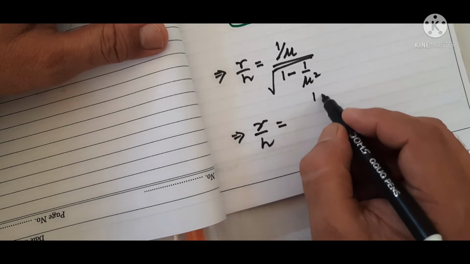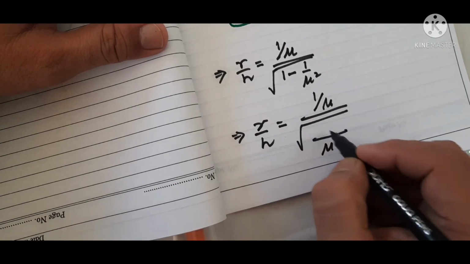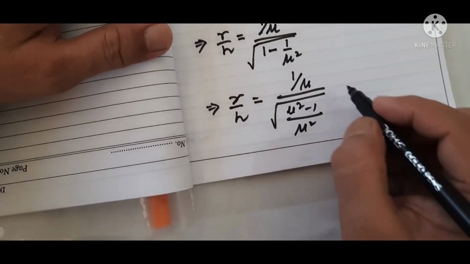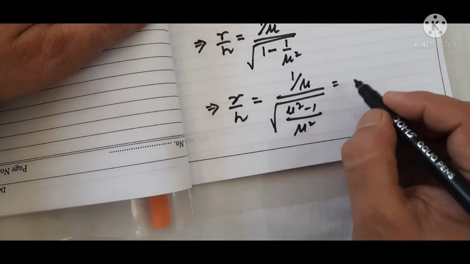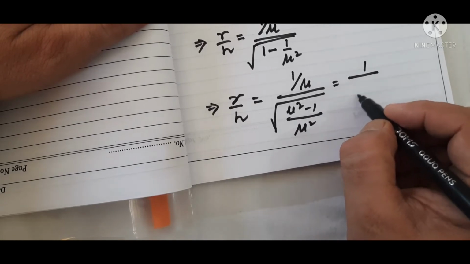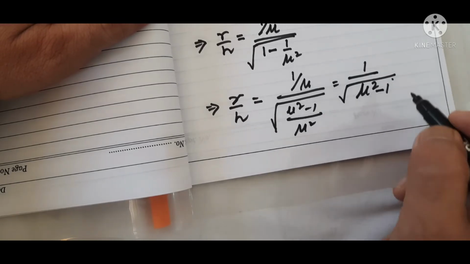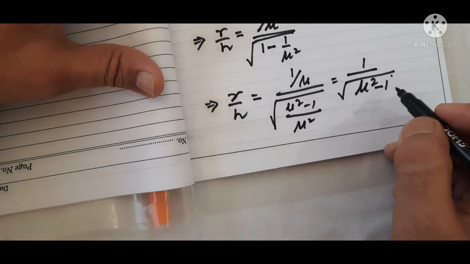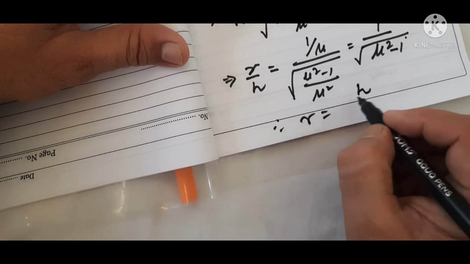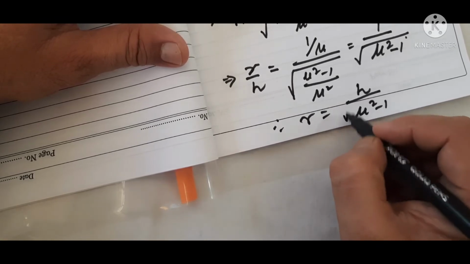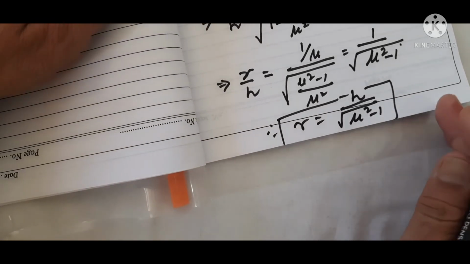If you take the LCM, 1 by mu by under root mu square minus 1. The mu and this under root, the mu will cancel, so 1 by under root mu square minus 1. So r by h is equal to this. Therefore r is equal to h by under root mu square minus 1. That radius we had to find out.